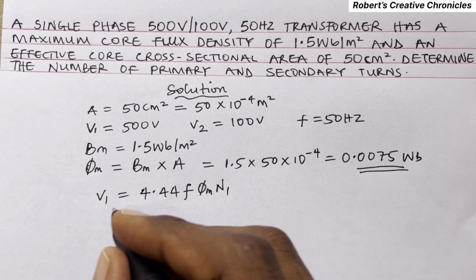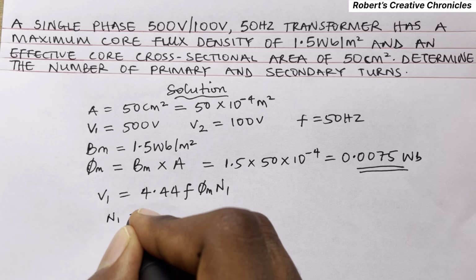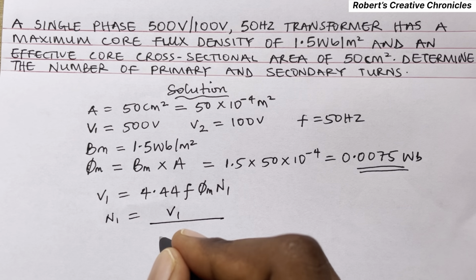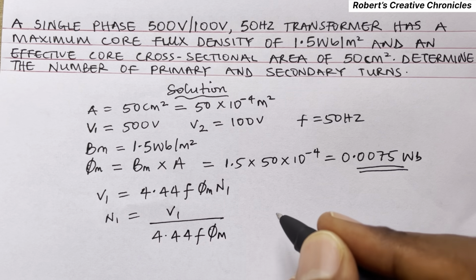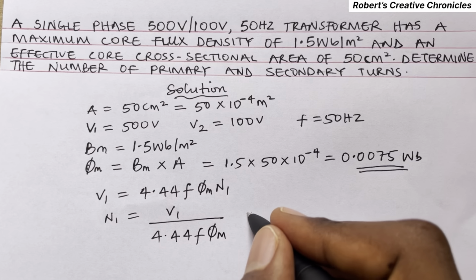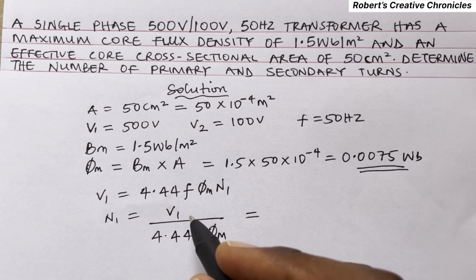So now we'll make N1 the subject of the formula. N1 is V1 over 4.44 F times this. So what is V1?